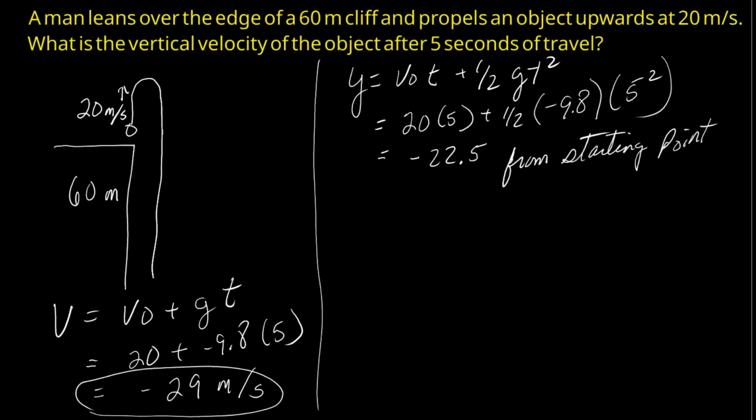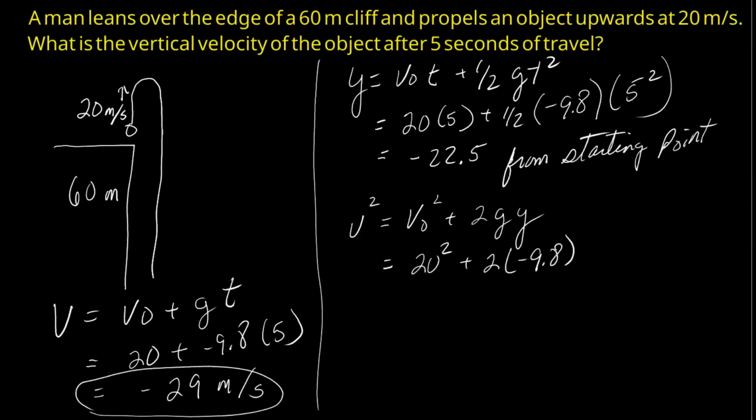So to calculate the velocity, we could say the final velocity squared is equal to the initial velocity squared plus 2gy. So 20 squared plus 2 times negative 9.8 times negative 22.5.